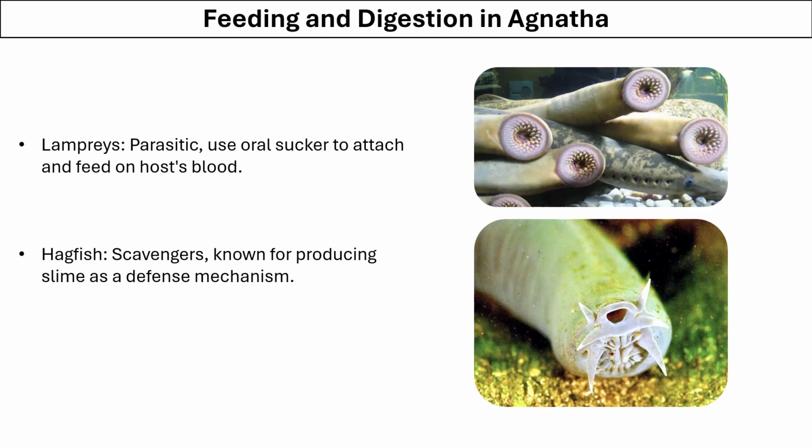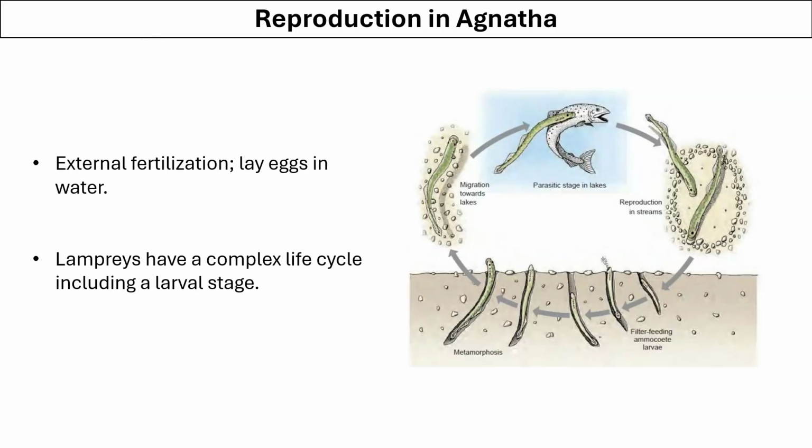Hagfish, on the other hand, are scavengers, and you know that scavengers decompose the material around them, and that's how they obtain their nutrition, and they are known to produce a slime for escaping predators. Agnatha has external fertilization, wherein they lay eggs in the water and the fertilization happens in the water.